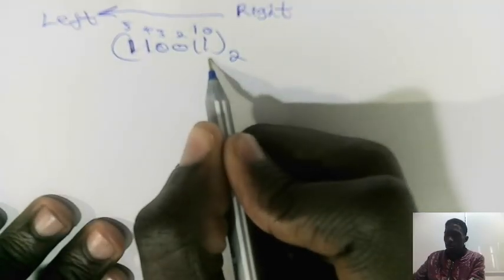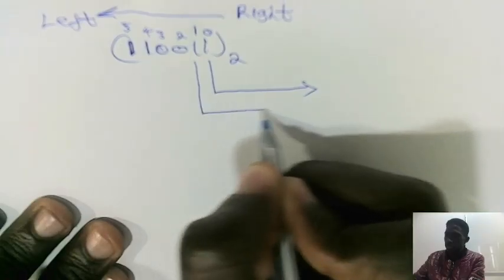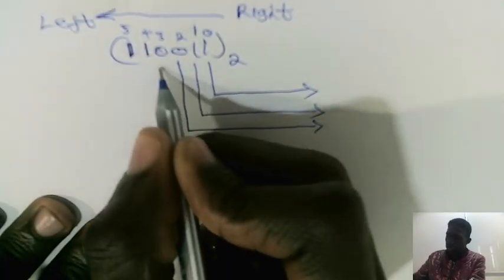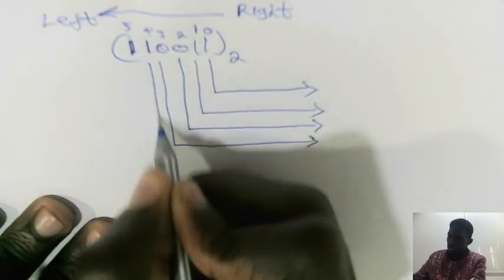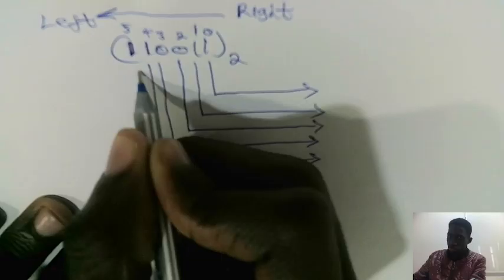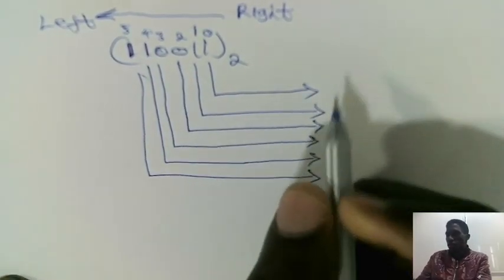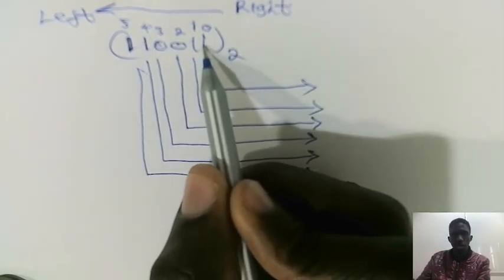Now we are going to convert this number in base 2 to a number in base 10 by following this procedure. So here's how it's going to go. The digit here is 1, right?